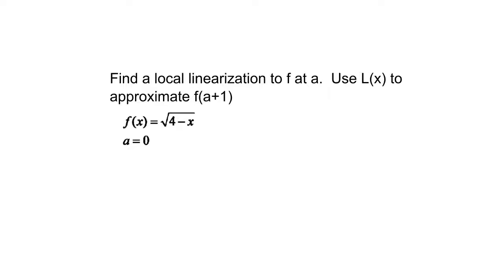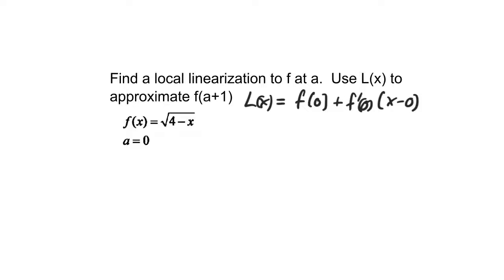All right, so recall that our equation of our tangent line, I'm going to use the one we saw on the page before, is going to be f of 0 plus f prime of 0 times x minus 0.